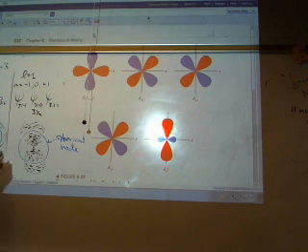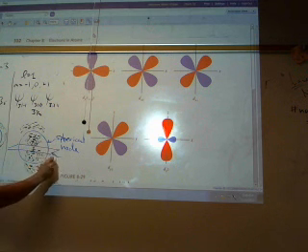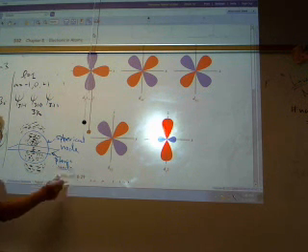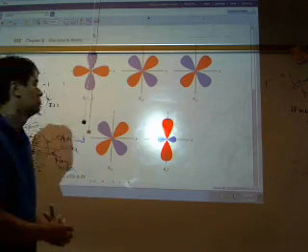The other node is here. The planar node. And so like the 2p, the 2p just had one planar node. But now the 3p is going to have one planar node and one spherical node. So it's going to slice it like that.